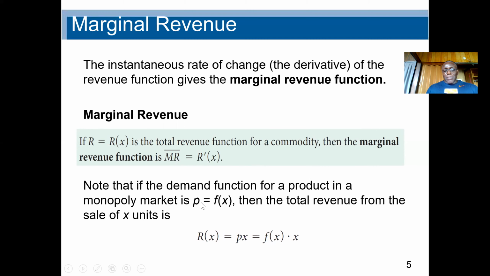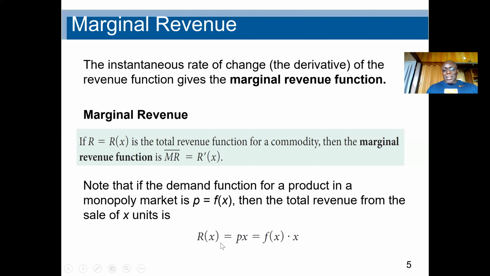Here we should note that if the demand function for a product in a monopoly market is P equal to F at X, then the total revenue from the sale of X units will be P times X, which will be F at X times X. Again, this is the total revenue from the sale of X units.